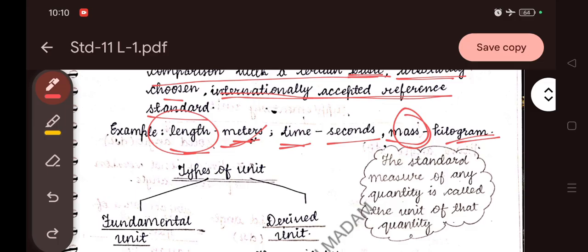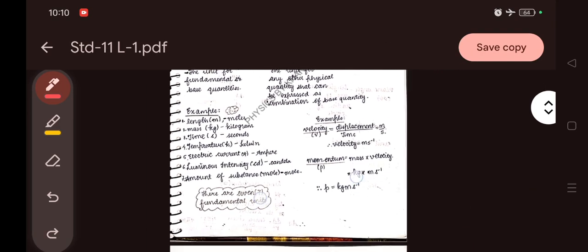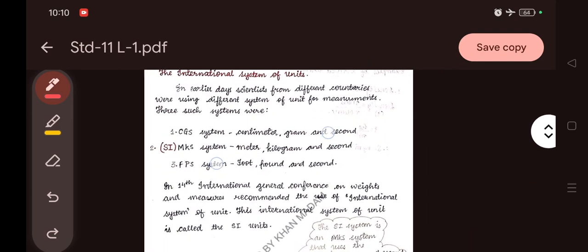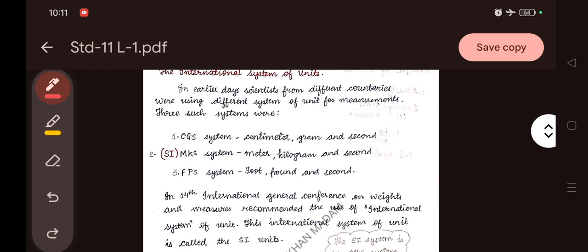Now there are different systems of unit for distance, mass and time. In earlier days scientists from different countries were using different systems for unit of measurement. There are three systems that they were using. First is the CGS system, in which distance is measured in centimeter, mass in grams and time in second.